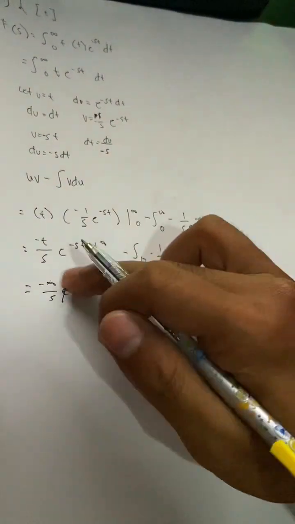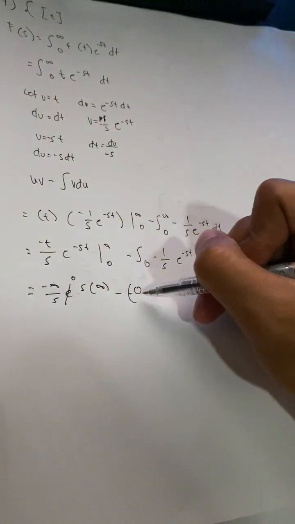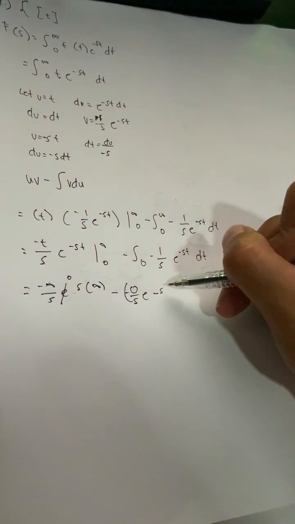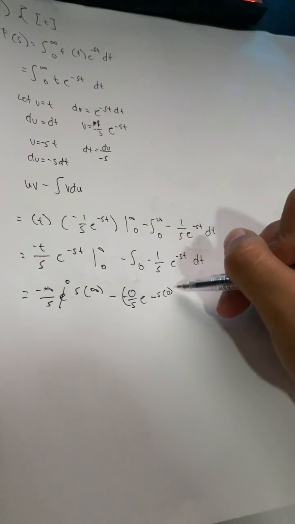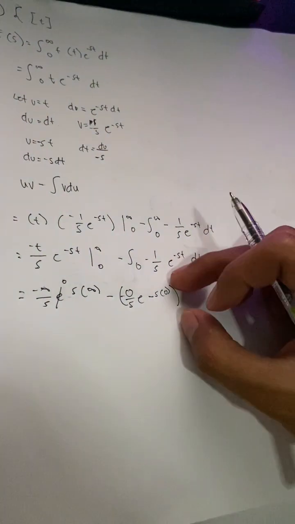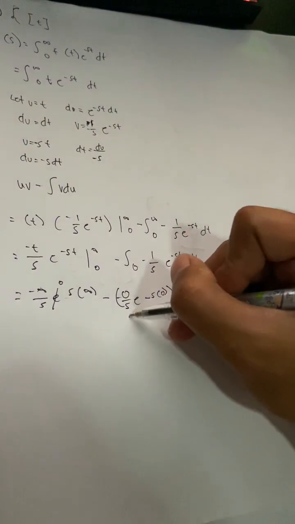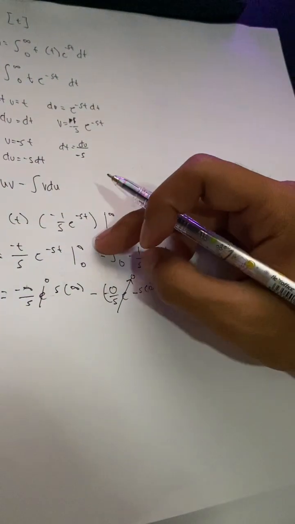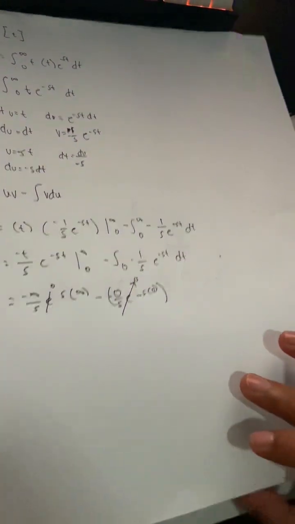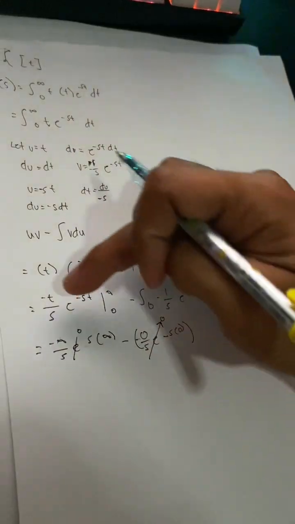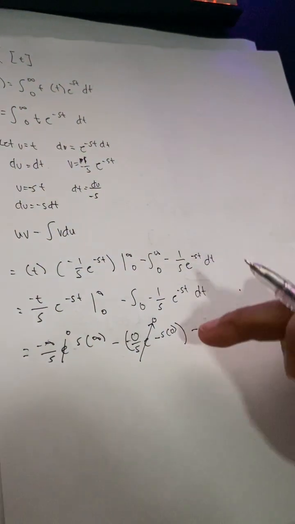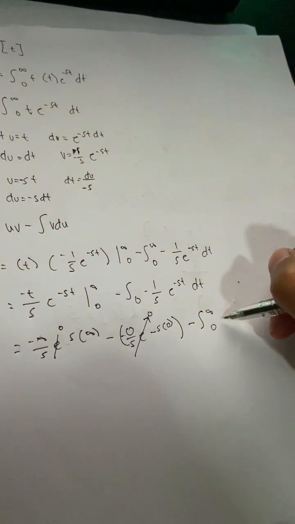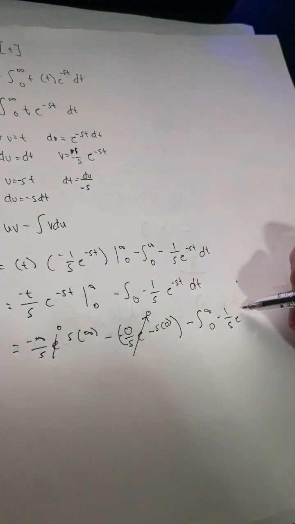We know that e raised to negative s multiplied by infinity is equivalent to 0, and negative 0 over s is simply 0. Any number multiplied by 0 is 0.